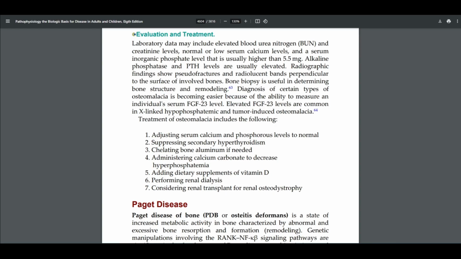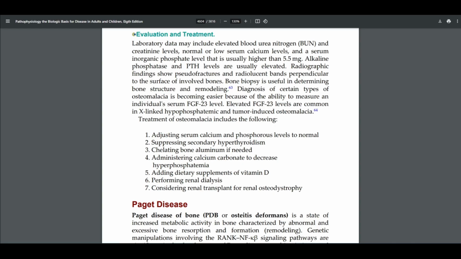Diagnosis of certain types of osteomalacia is becoming easier because of the ability to measure an individual's serum FGF23 level. Elevated FGF23 levels are common in X-linked hypophosphatemia and tumor-induced osteomalacia.